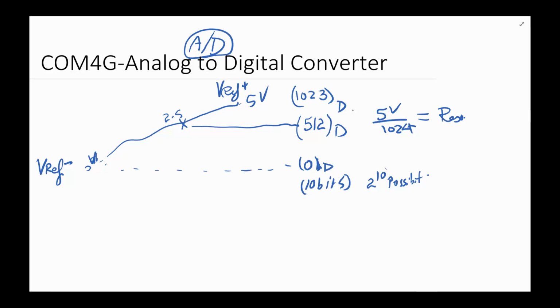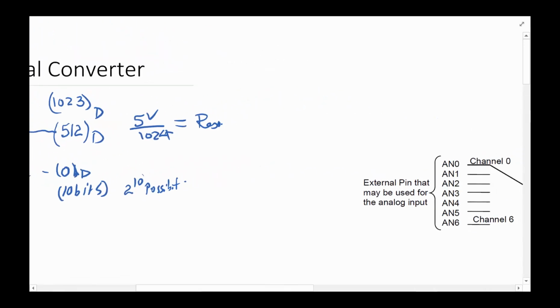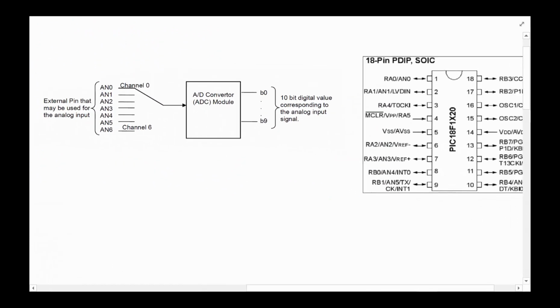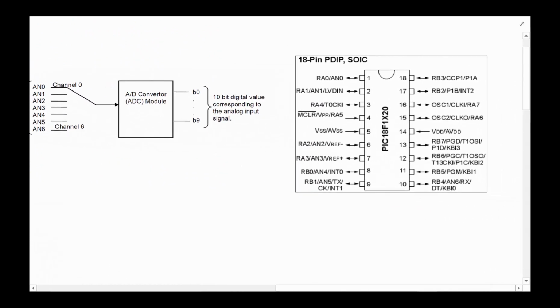In this video, we're going to spend a fair amount of time focusing on one example, which comes with a PIC18F1220. If you look, there is a whole bunch of pins that are AN0, AN1, AN2, AN3, AN4.